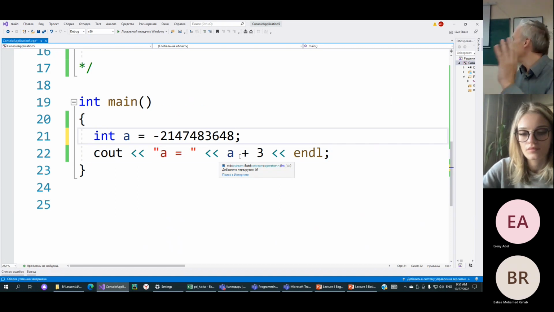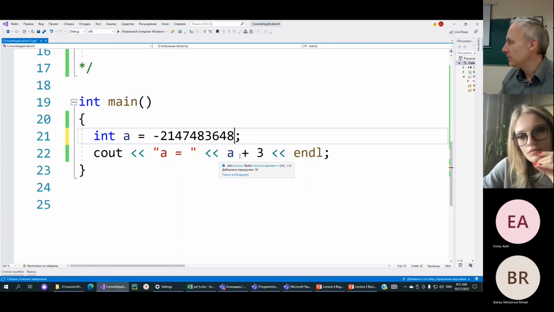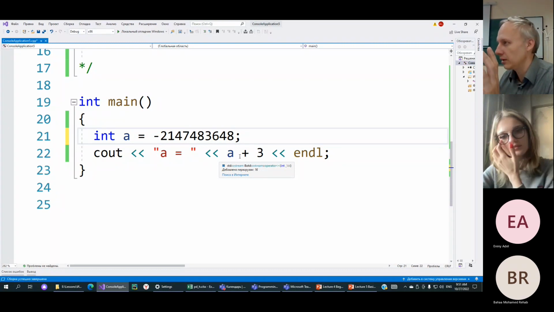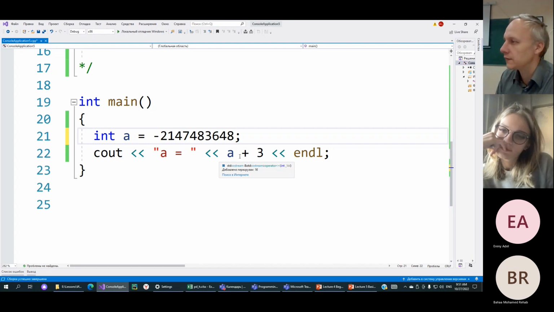Of course, you should not remember these numbers in mind, but you should keep in mind that there is a range of representation, and you cannot represent here very, very small negative and very, very large positive numbers.